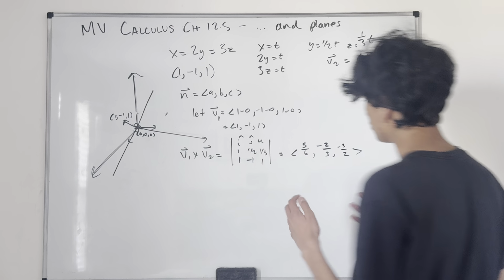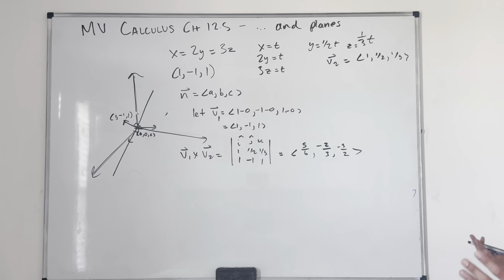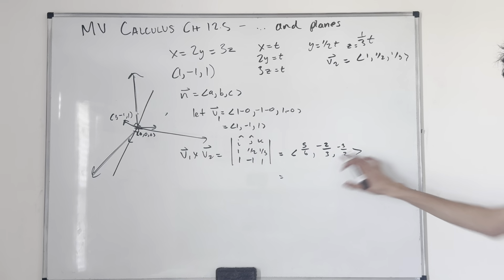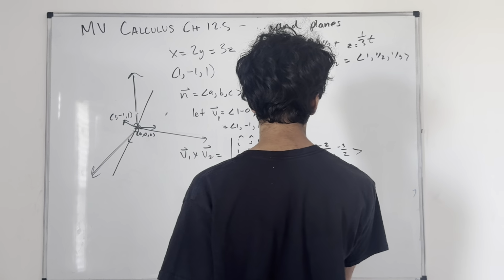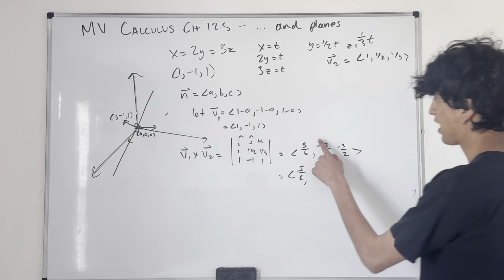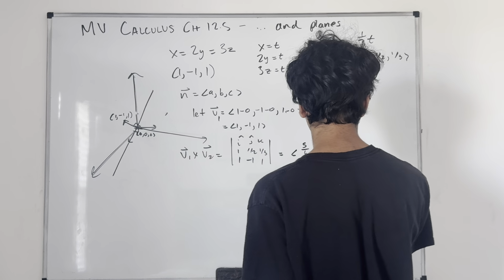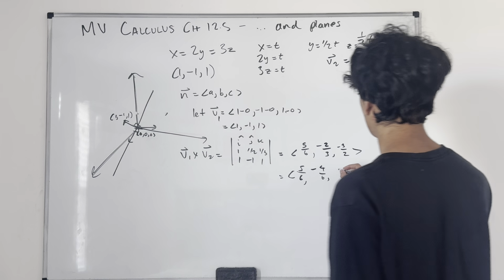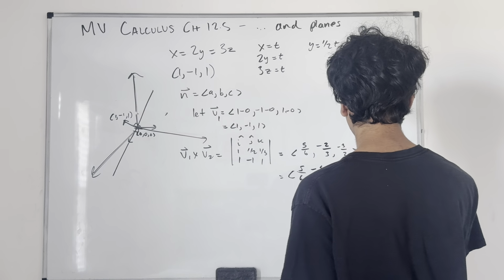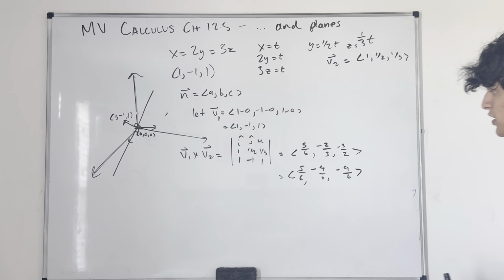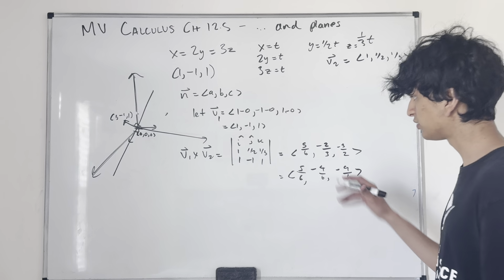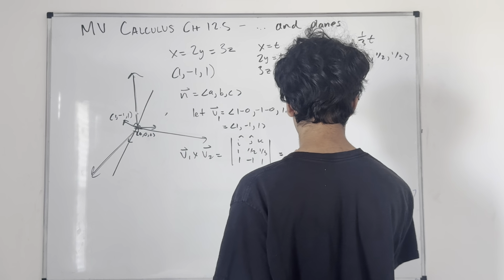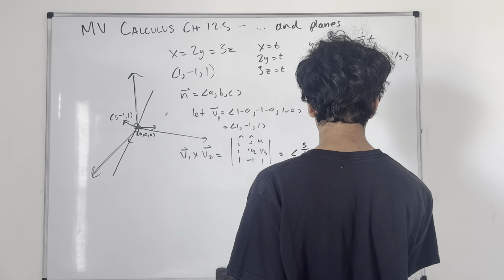Now, just for giggles, what if these fractions had 6 as a denominator? I'd have 5/6, then negative 4/6, which is equivalent, and negative 3/2 is the same as negative 9/6. So this normal vector would be parallel to 5, negative 4, negative 9.